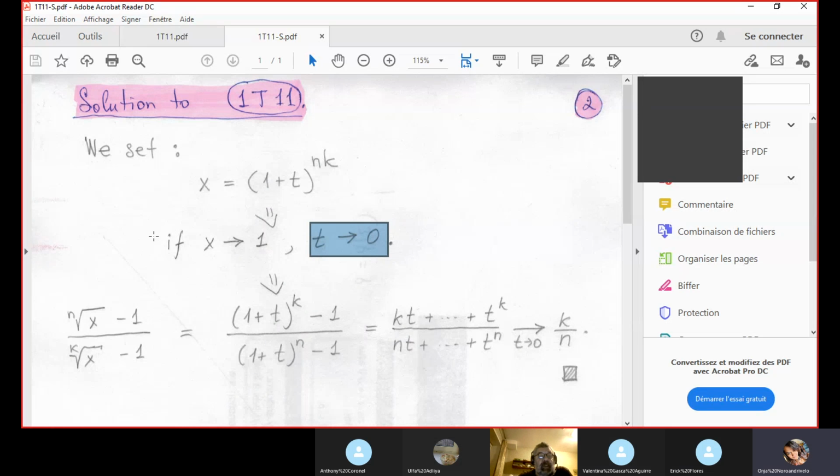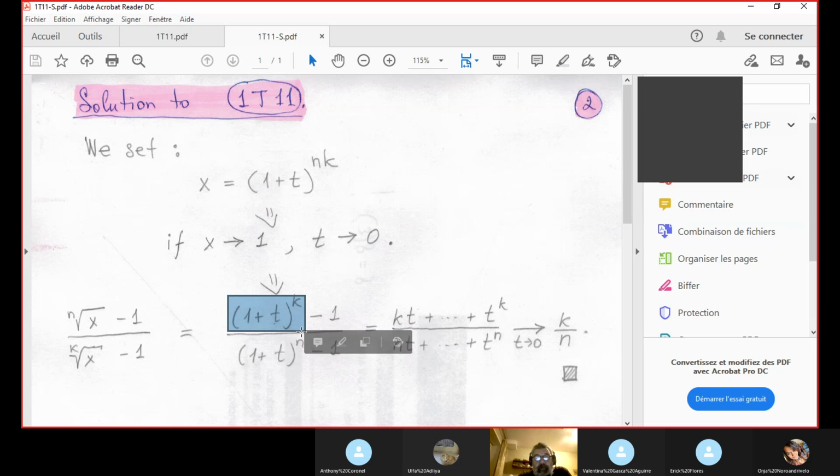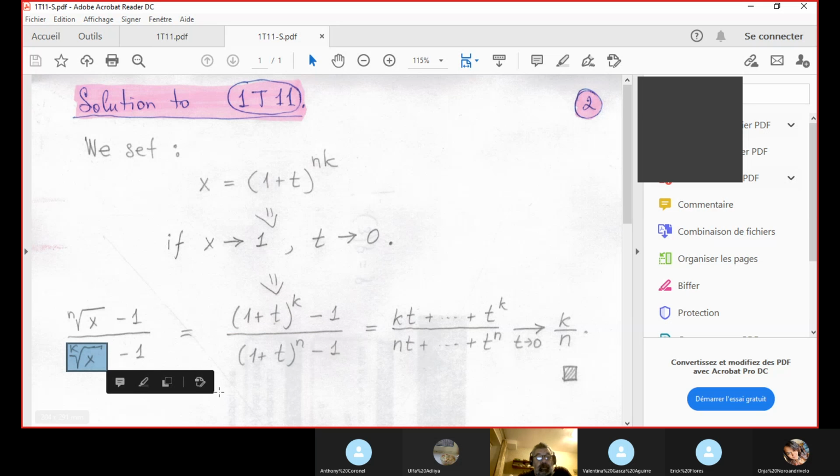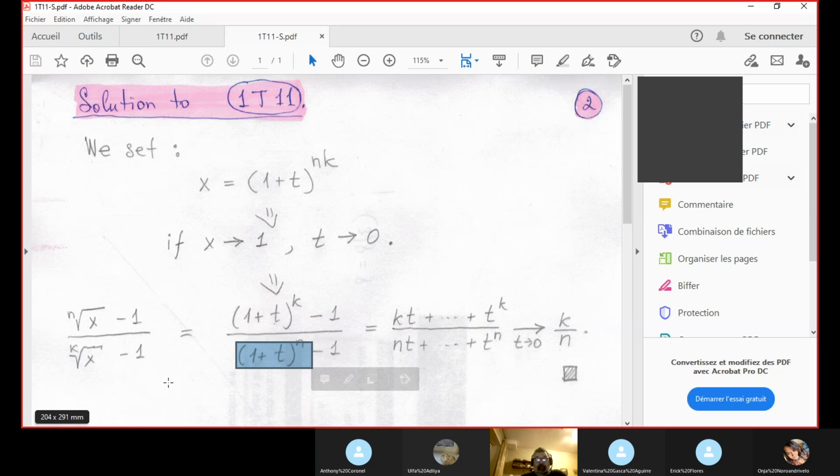Then, you see, the nth root of x will be (1 + t)^k, and the kth root of x will be (1 + t)^n. Agree? Yes.